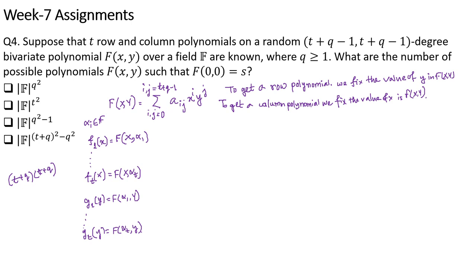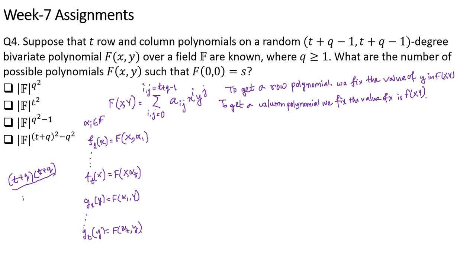So degree is t plus q minus 1. So there are t plus q coefficients of each univariate polynomial, and combined there are a total of t plus q into t plus q unknowns, or coefficients, in the polynomial. And if we want to uniquely determine a bivariate polynomial that has degree t plus q minus 1 for both the variables, we need to know evaluation of that polynomial at these many distinct points.